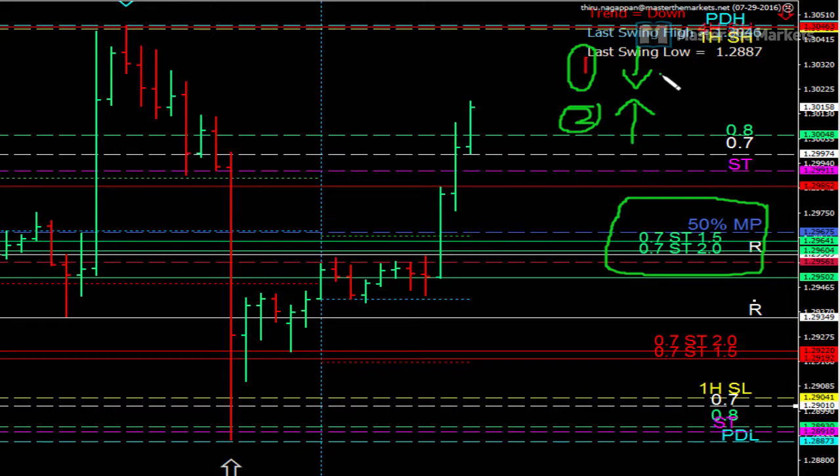Then we have what we call a mismatch. Now, first rule of thumb, as much as possible, always look to take the bias in terms of the higher time frame.